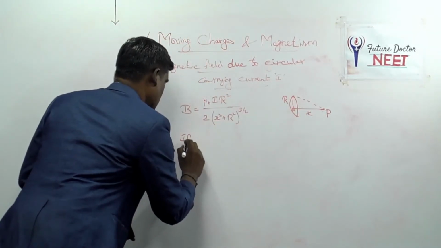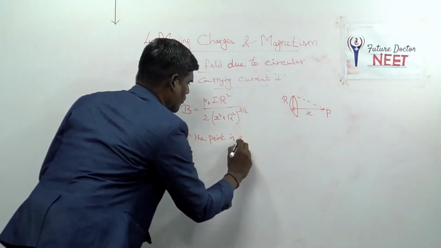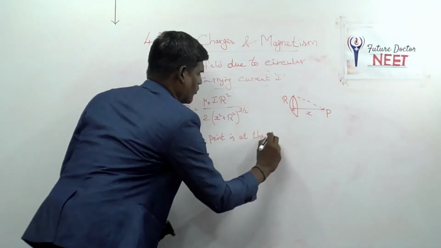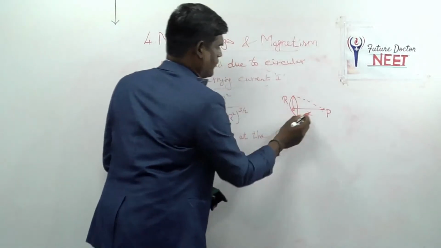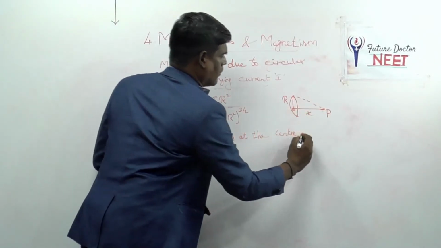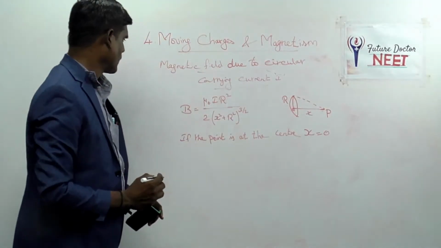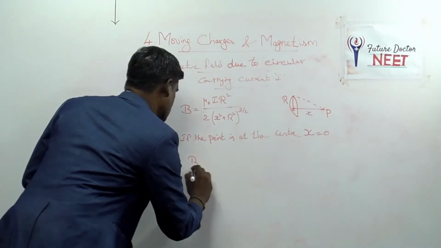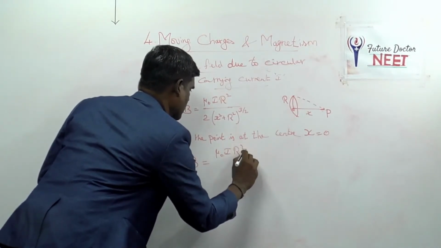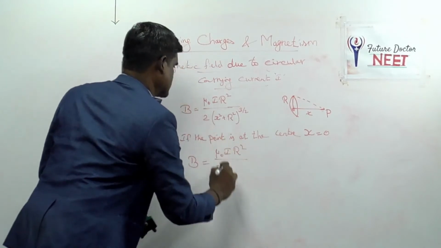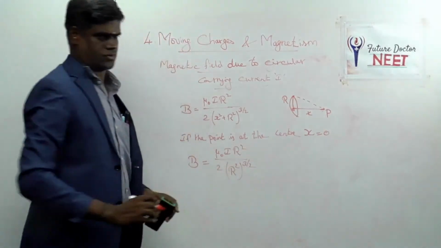Then, suppose the point is at the center. If the point is at the center, then what's the value of x? This point is here itself. What's the value of x? x equal to 0. Then B equal to mu naught I R square by 2 into, x is 0, then R square whole power 3 by 2.